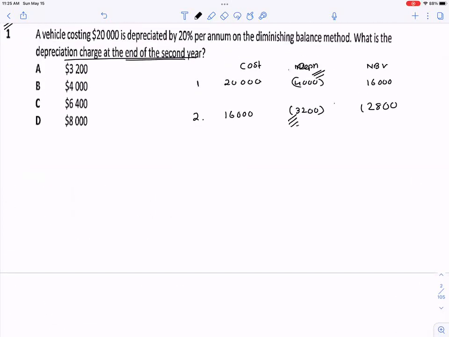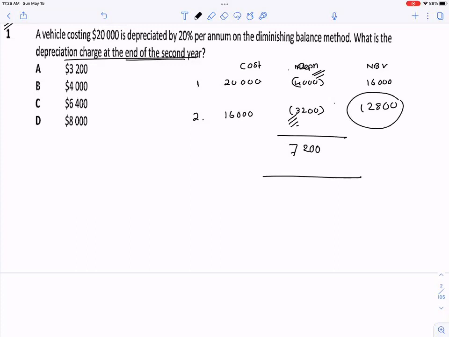3,200. Now please be very careful about the questions they ask. They can ask you the total depreciation at the end of the second year. What is the total depreciation at the end of the second year? 7,200. They can ask you the net book value at the end of the second year.